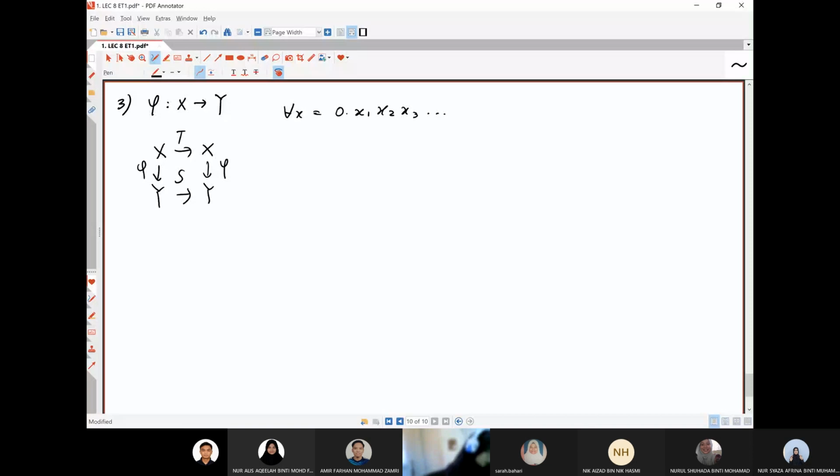So the image of this phi x is what? So the image kan macam kita cancel the first 0 point ni, kita akan dapat x1, x2, x3, and so on. Okay, this one is in the transformation number T.